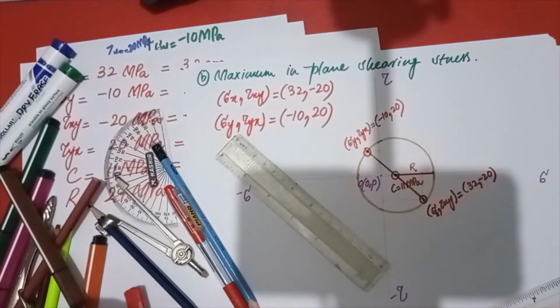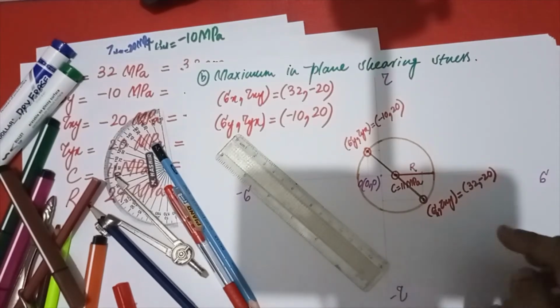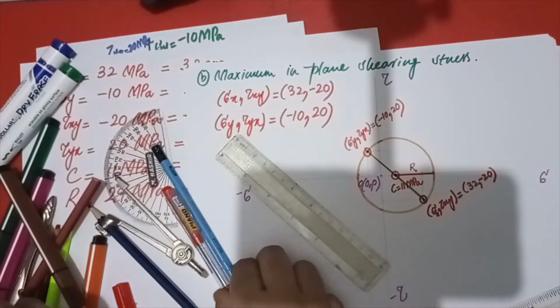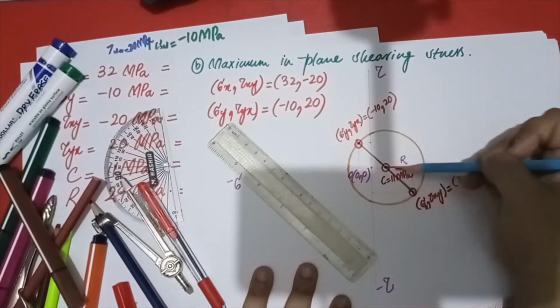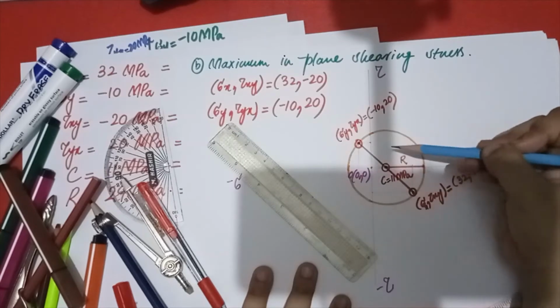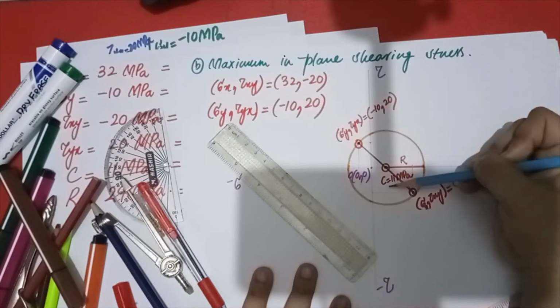So in the next step, I need to find the maximum shear stress, and you know where you will get it. So maximum height of the circle is where? At point C. So there will be the maximum.